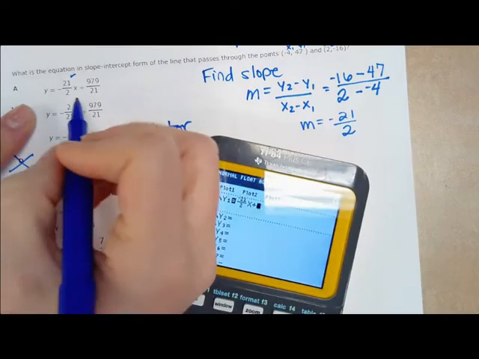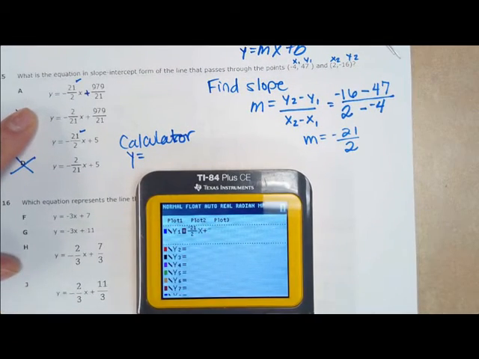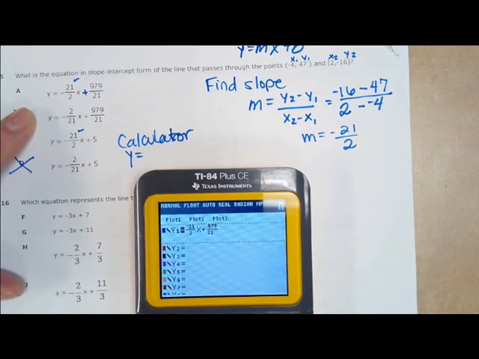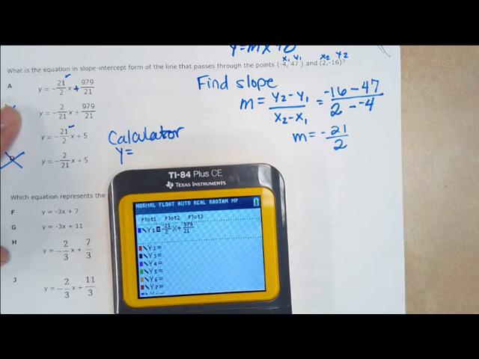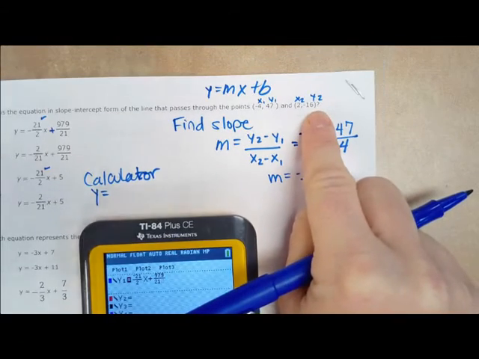And that's a plus, even though it kind of looks not. It is. Just because of how it was printed. Okay, so I'm going to put that into y equals. And then I want to make sure it goes through these 2 points.